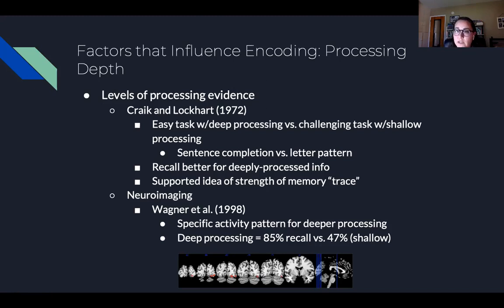And the more challenging task that had shallow processing involved was a letter pattern task. Participants had to determine if each word had a certain pattern of consonants and vowels to it. So again, they have this pattern that they're supposed to be looking for, and then they're answering whether or not that pattern appears.